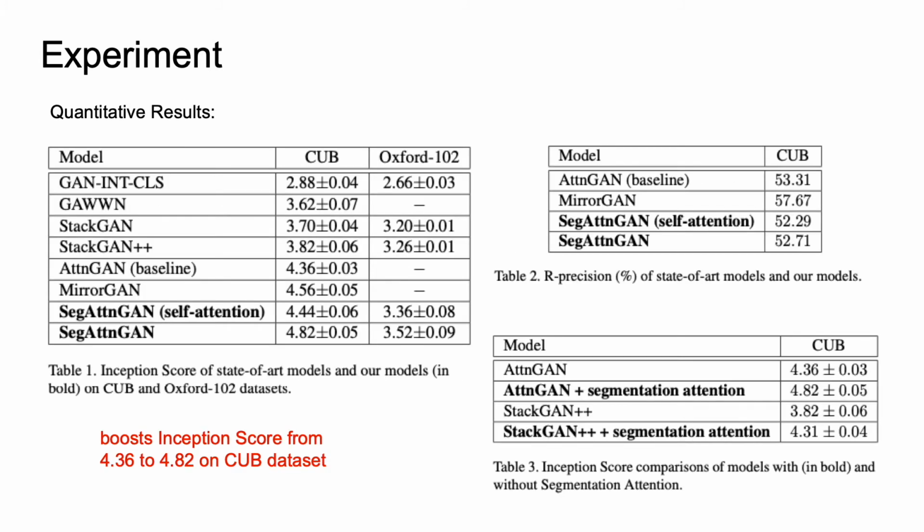Our model achieves the highest inception scores on both the CUB and Oxford datasets, and our self-attention model also gets a pretty good inception score. We applied our segmentation attention module on StackGAN and got better inception scores. This indicates that our model can help constrain the training of different GAN models.